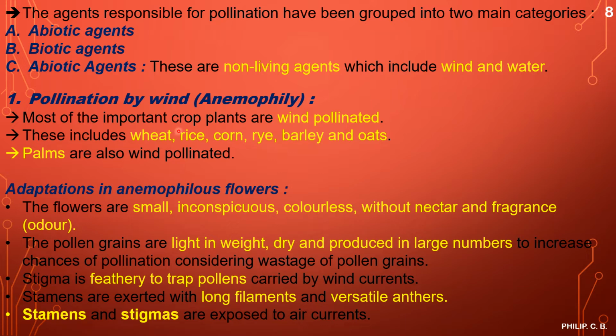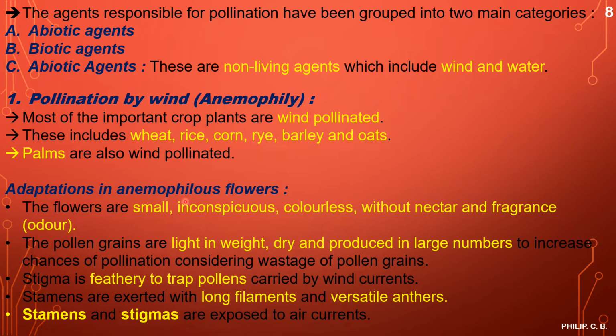Most of the important crops are pollinated by wind. These include wheat, rice, corn, rye, barley and oats. Palms are also wind pollinated. As we just learned, pollination is required for all food and fiber crops, and mainly these monocots, wheat, rice, etc., are wind pollinated.